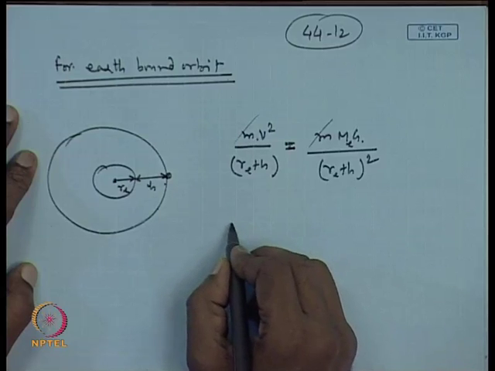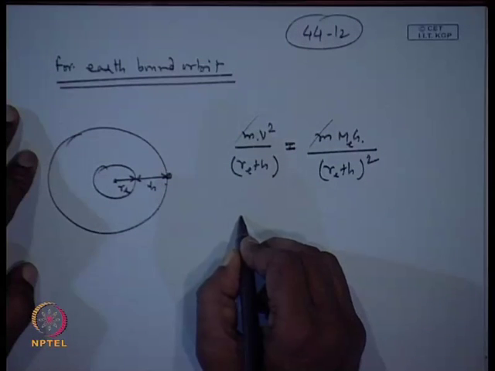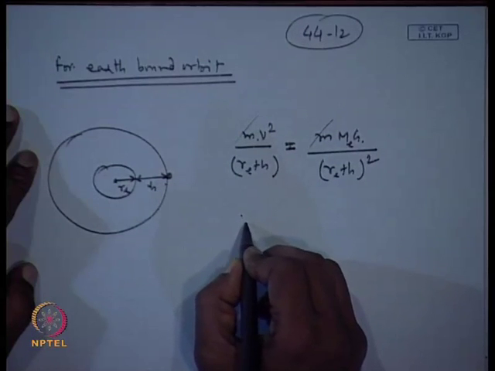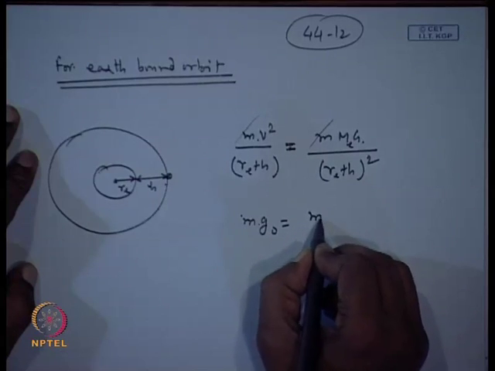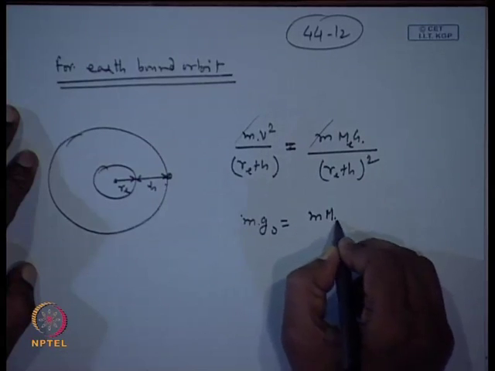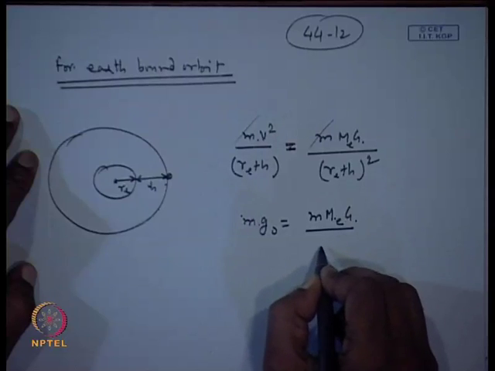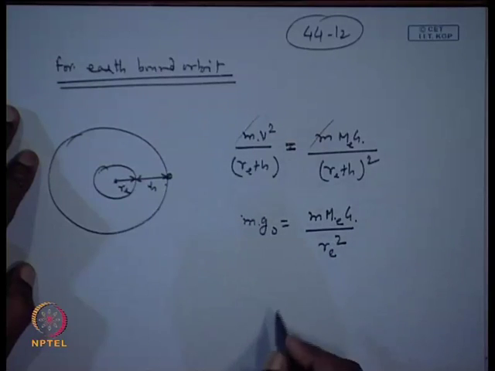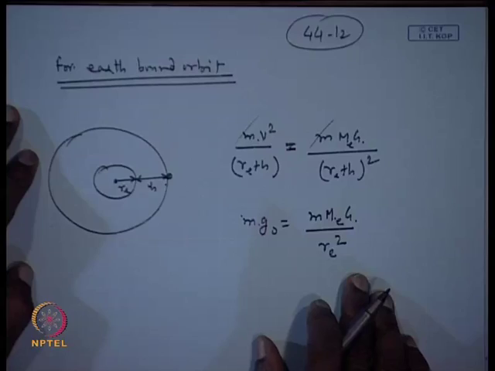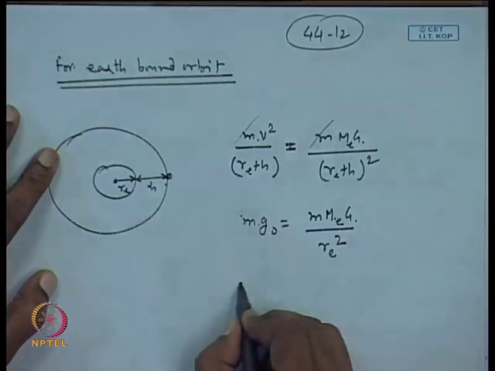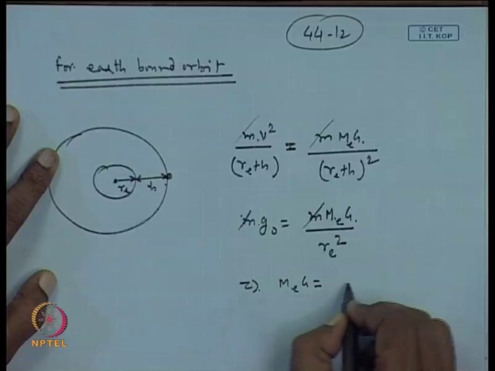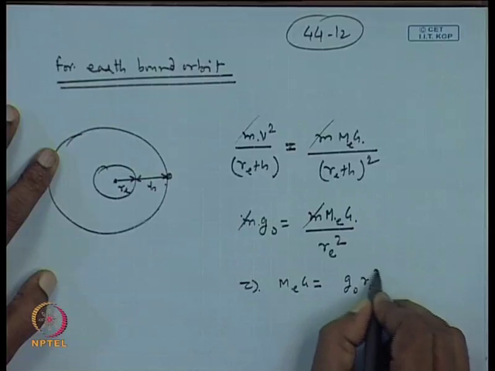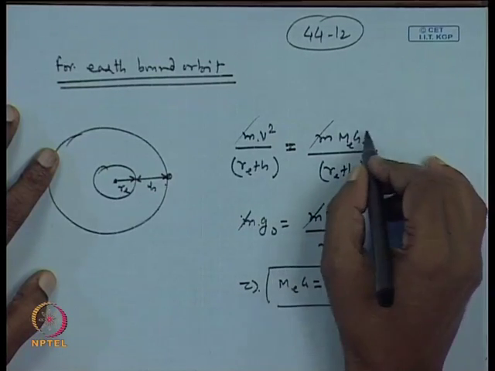Now, we know that on the surface of the earth m times g0 is nothing but equal to m times M earth times G by R earth square. So, from here, this cancels out, and M e times G is nothing but g0 times Re square.